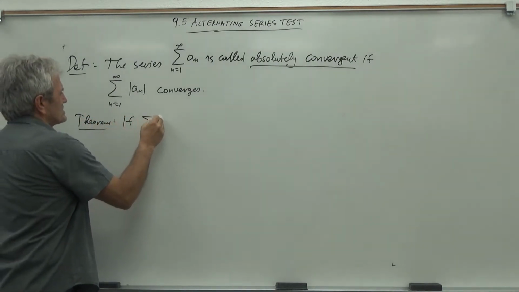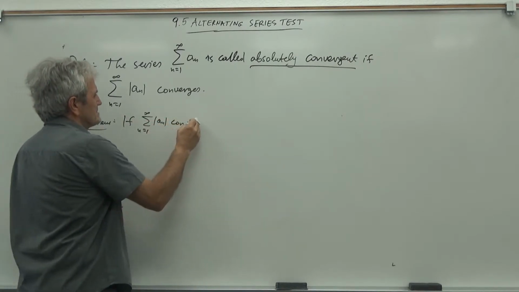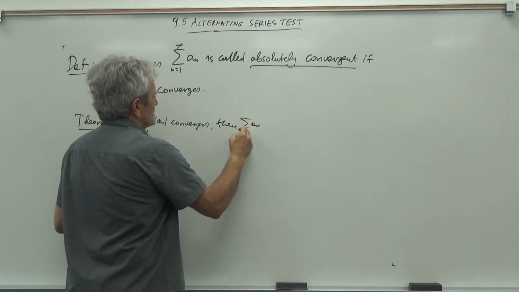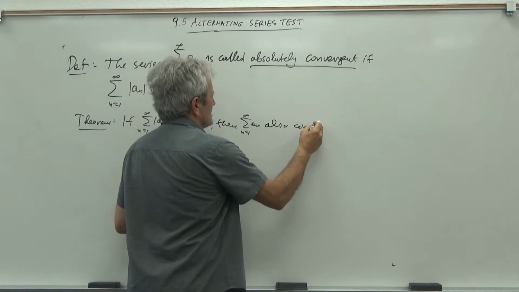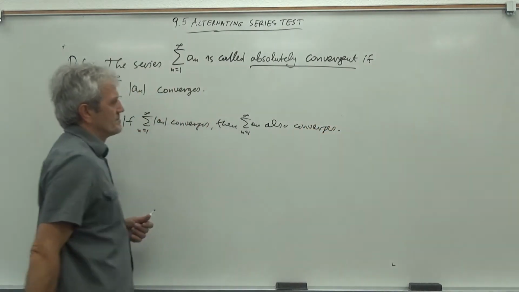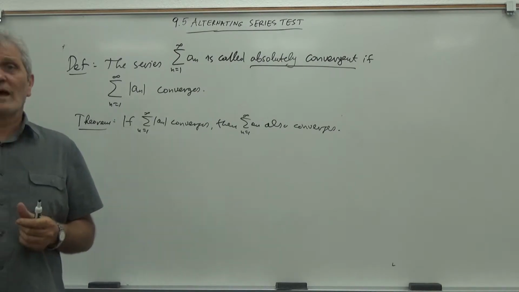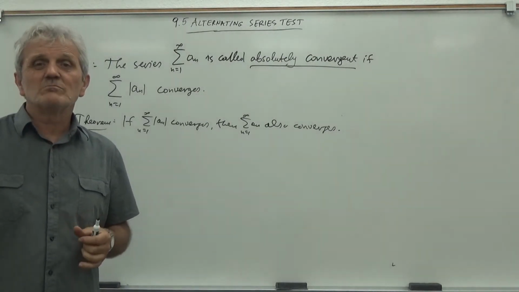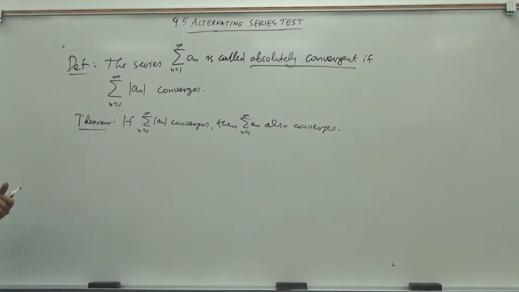If the sum of the absolute values of a_n, n equals 1 to infinity, converges, then the sum of a_n also converges. When this gets established, I want you to think of absolute convergence like a super convergence. You say more than just saying convergent. So let's establish why this is true.